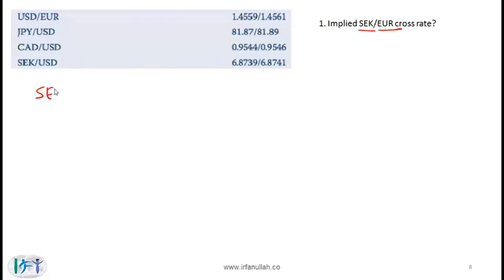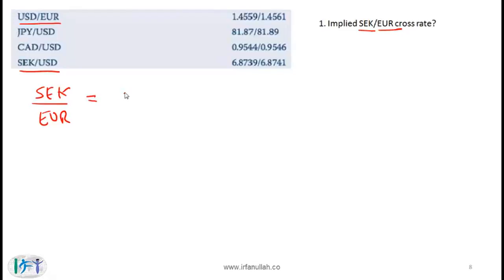So SEK to euro. Let's see if the quotes given here or the conventions used here are such that we can simply multiply out. So SEK euro. Now we have SEK USD and we have USD euro. So these are the two rates that we will need to use.